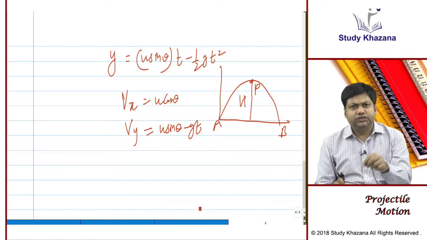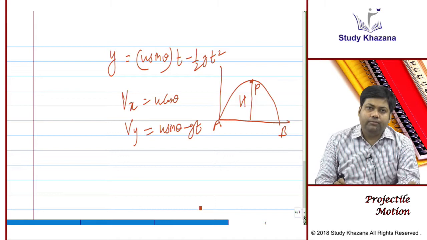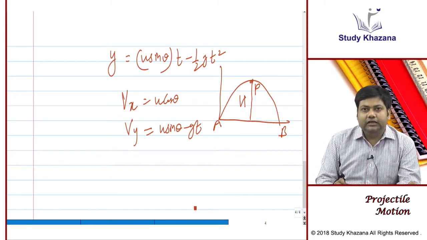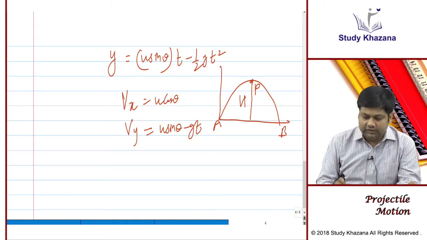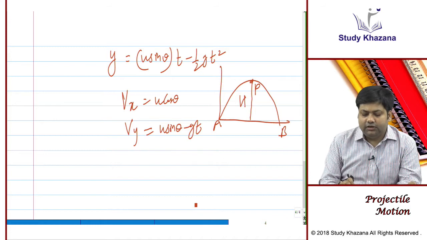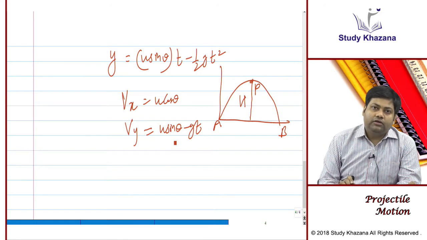Another MCQ question which can be framed is: how does the velocity in the y direction change during the projectile motion? It continuously decreases, because you'd realize that the maximum value of Vy was only at the initial time, at t equal to 0, when the body was projected.